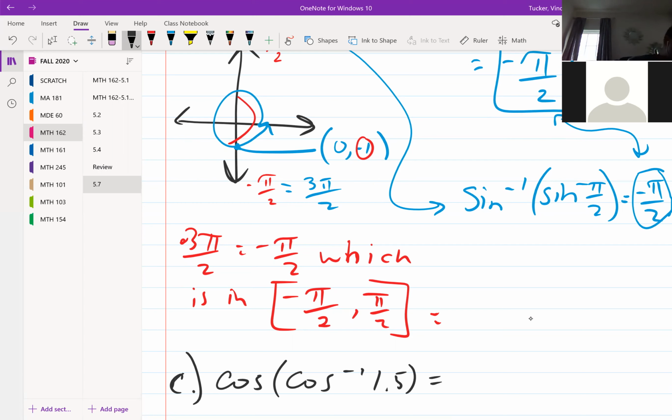And some of these, if you ever get stuck on them, if you throw them in the calculator, you may not get the exact answer, depends on your type of calculator, but you will get an idea of what the answer would be, especially when we look at this next one.